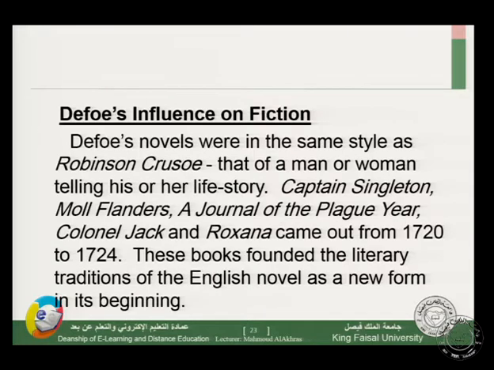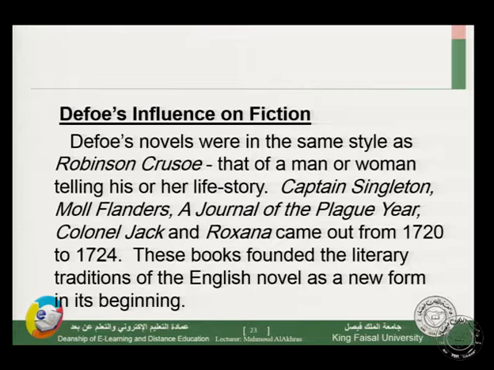Defoe's influence on fiction. Defoe's novels were in the same style as Robinson Crusoe, that of a man or woman telling his or her life story. So we have a kind of similarity between all his works.